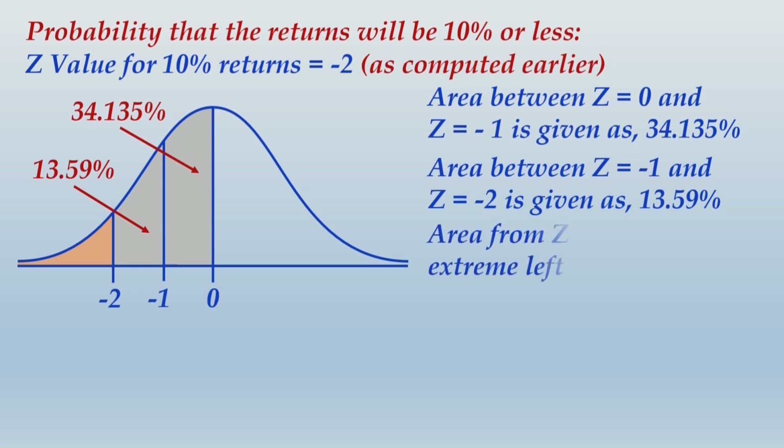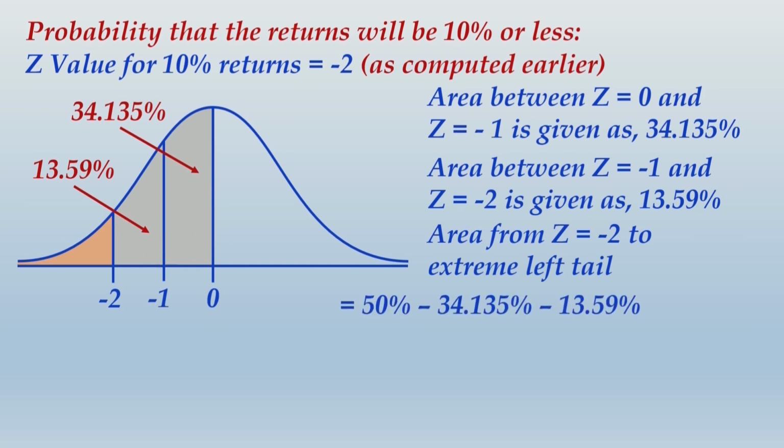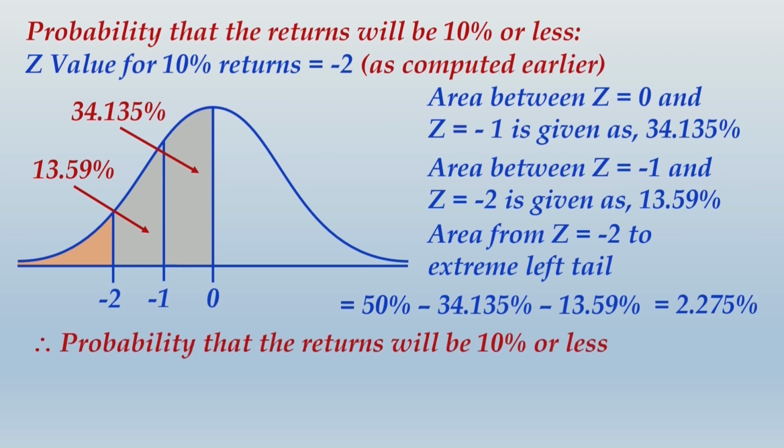So the area from Z equal to -2 to the extreme left tail, that is this particular area, as I told you, will be the total area from the value of 0 to the extreme left tail, that is 50%, and from that subtract this entire gray area. So it will be 50% minus 34.135% minus 13.59%, which would result in 2.275%. Therefore, the probability that the returns will be 10% or less equals 2.275%.